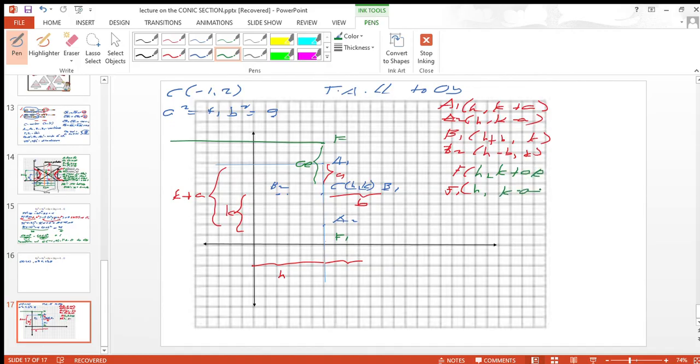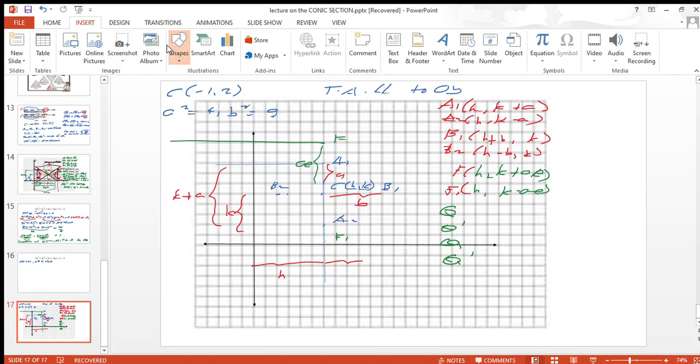and below, K minus AE. And then after that, you now have the ends of the lateral recta, Q prime, Q1 prime. And where do we draw our lateral recta?